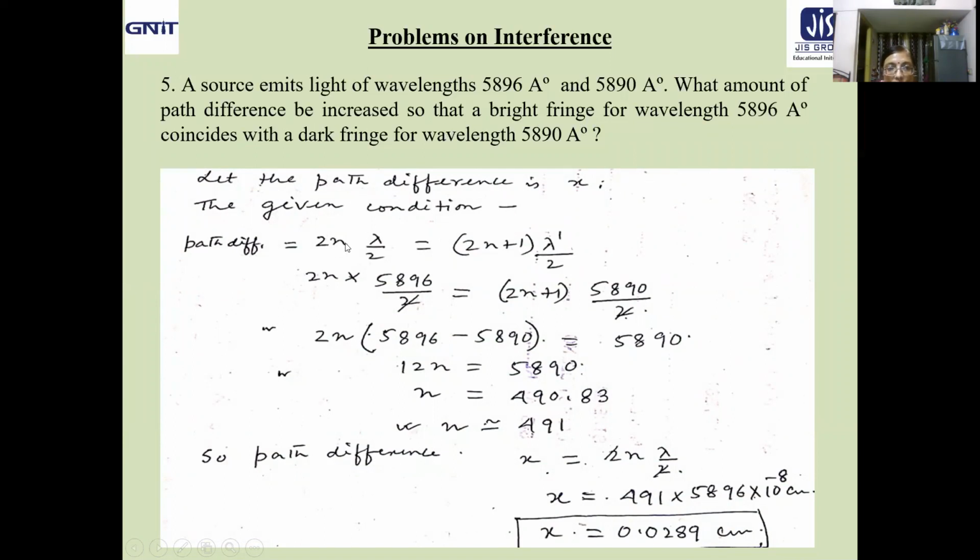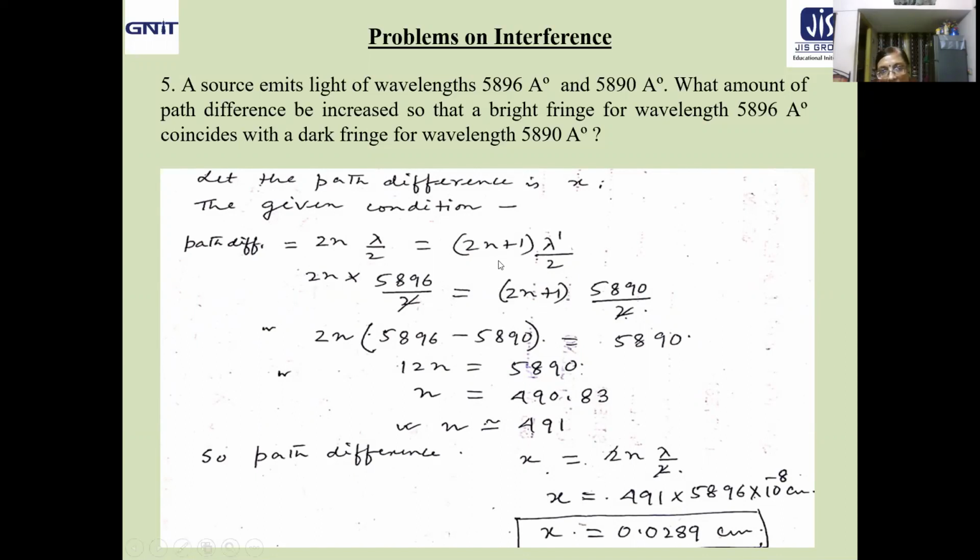That means with 2n, this is the condition of brightness in terms of path difference, lambda will be 5896. And a dark fringe for wavelength 5890. Now for 5890, we are considering 2n plus 1. Look here, you may consider 2n minus 1 too, because that is also the condition of minimum.